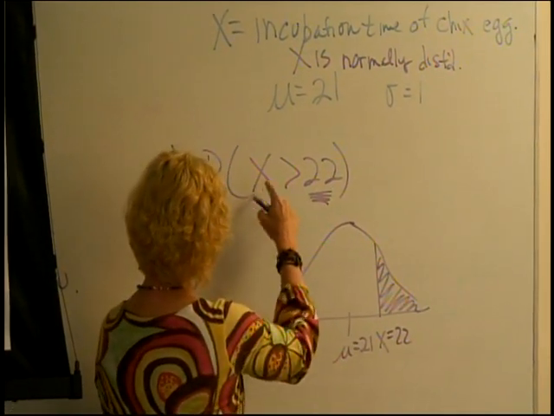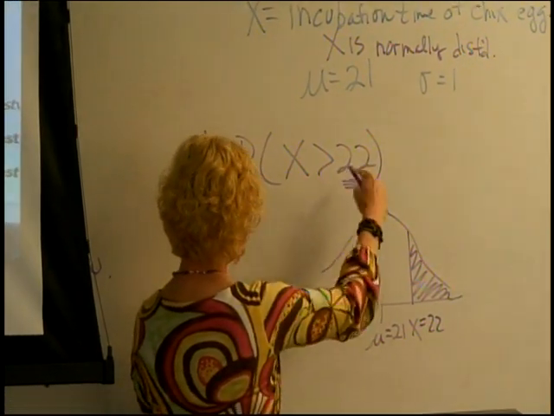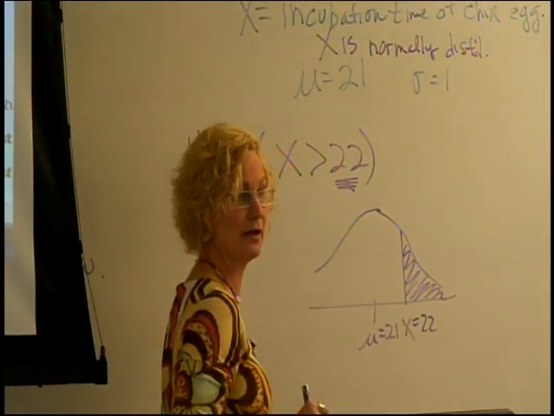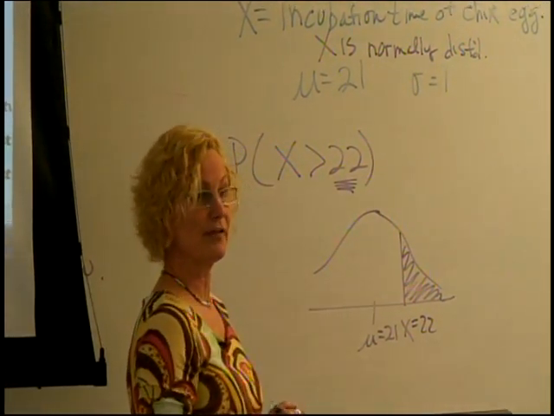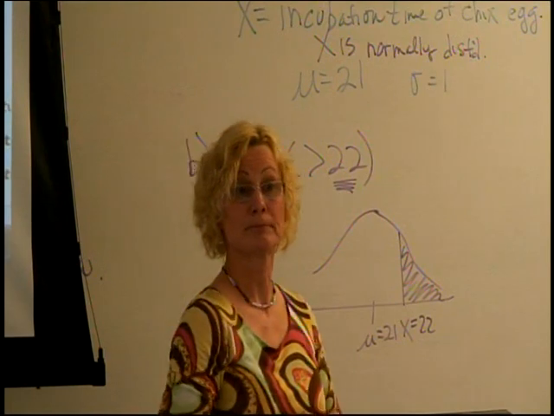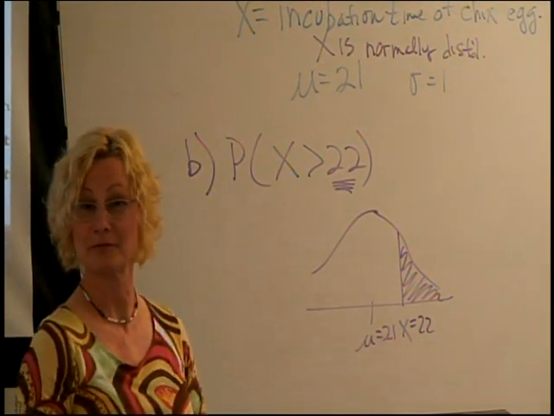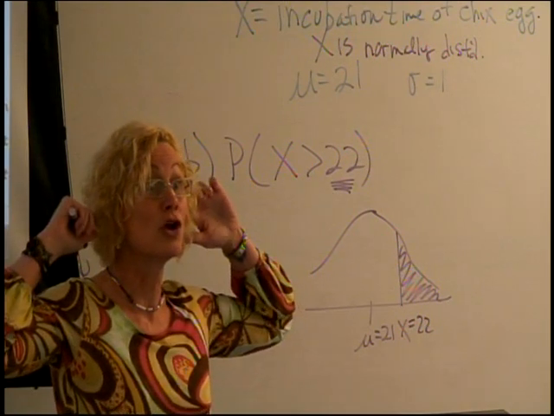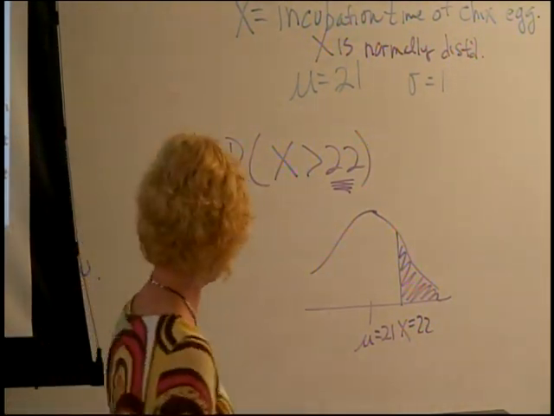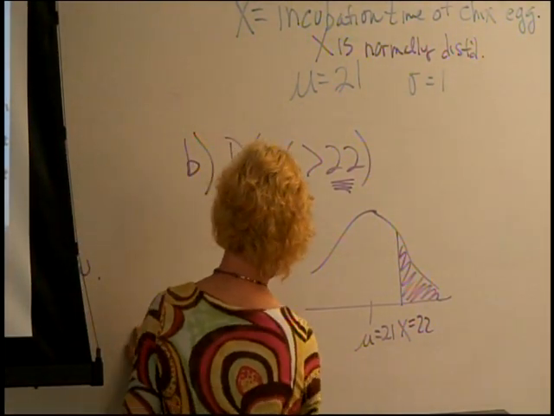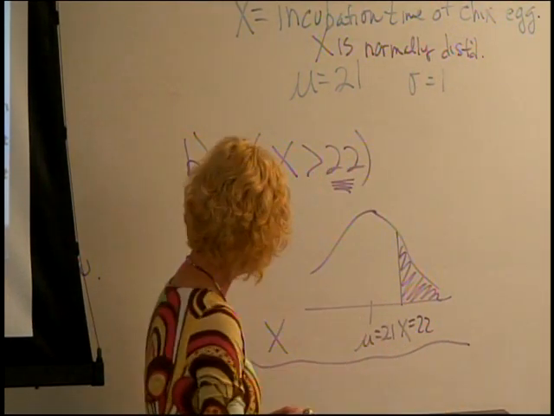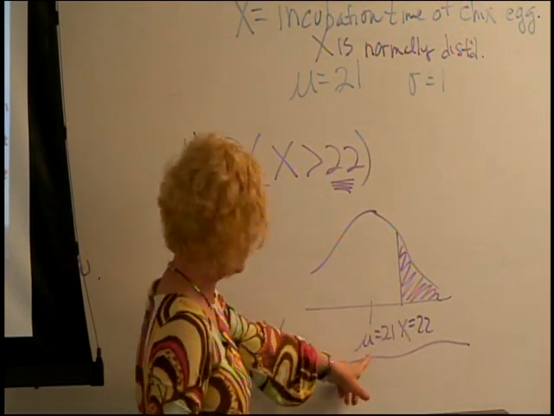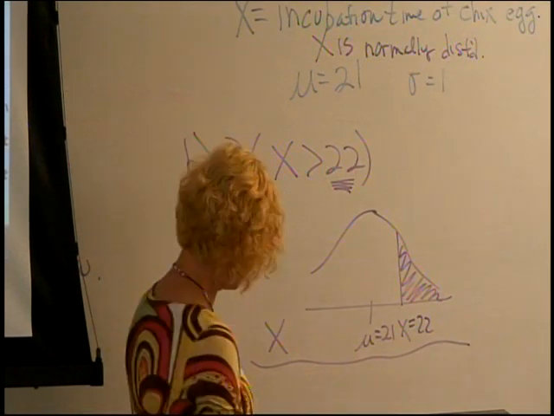And the X's beyond 22 days are going to be on the right-hand side. So next step is what? Z-score. Good, convert. Remember, this is all about X. Before we can look up the probability that we want, we have to convert over to Z. So let's do that.